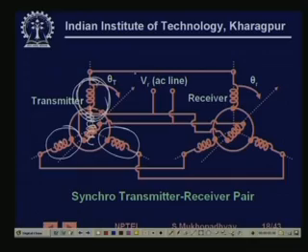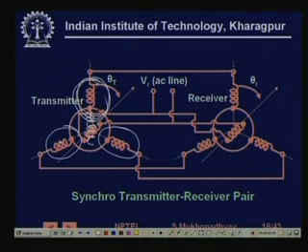Now these voltages are transmitted by cables to another machine which is getting supply from the same AC line. It can be shown that if this is applied to the so called stator of the machine, and the same AC line is supplied to the rotor, then this rotor will move to the same angular position as this.